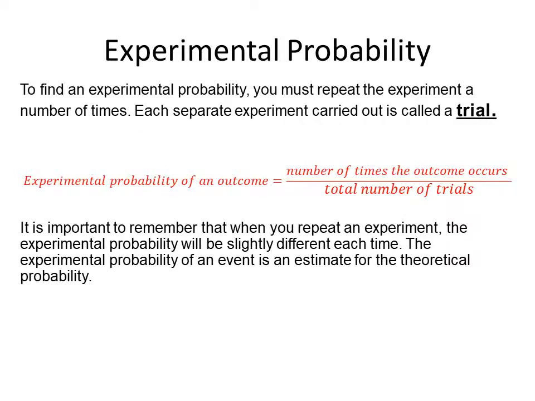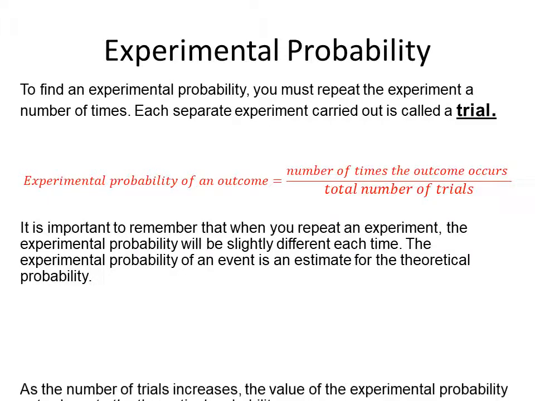It is important to remember that when you repeat the experiment, the experimental probability will be slightly different each time. The experimental probability of an event is an estimate of the theoretical probability. It is very near to the theoretical probability, but it's not equal.